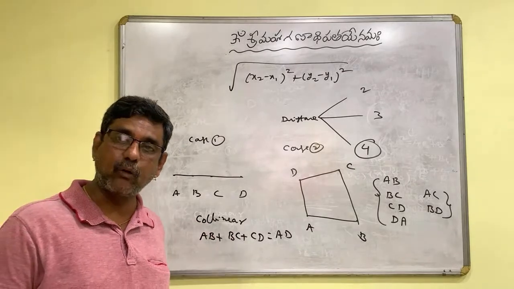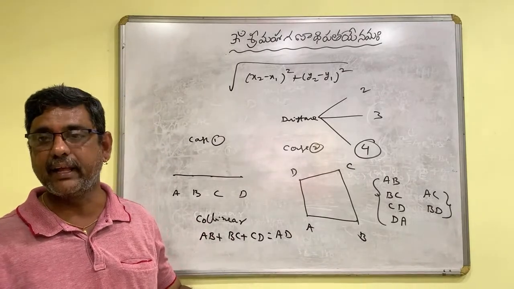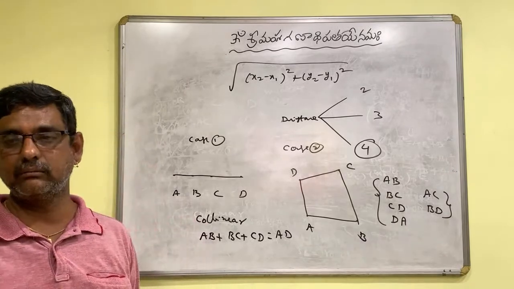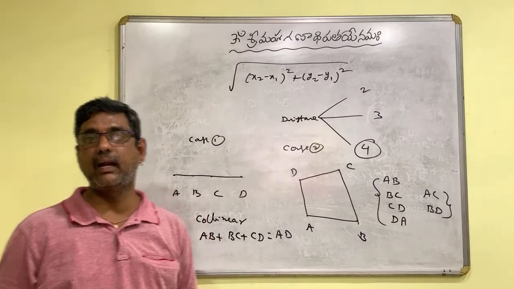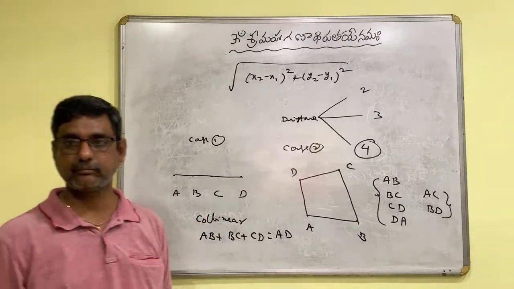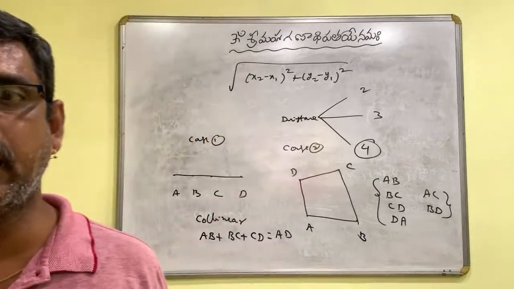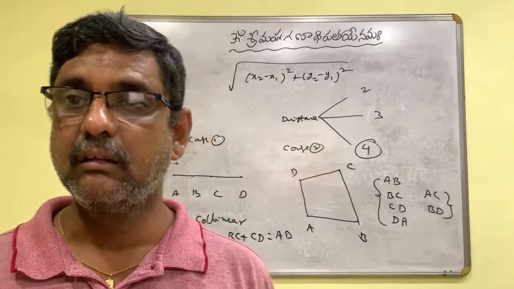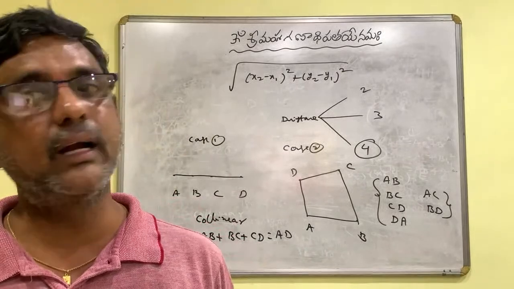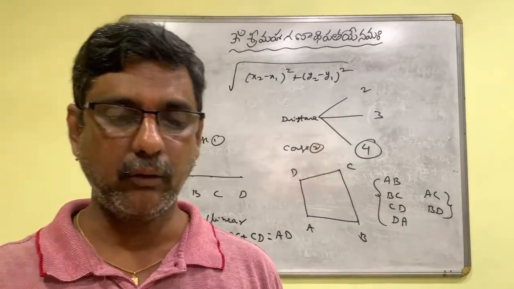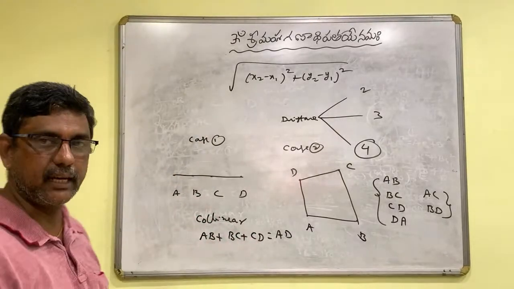Either all 4 points are collinear or any 3 points are collinear, then we can say that no quadrilateral is formed. Understand, children? No quadrilateral is formed if 3 points are collinear or 4 points are collinear.